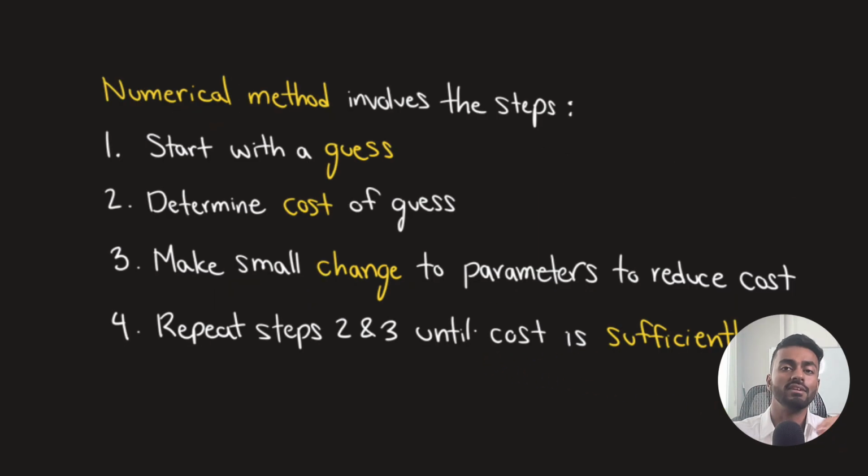The general guideline of a numerical method involves four steps. Start with a guess, determine the cost of the guess, make very small nudges or changes to the parameters to reduce that cost gradually, and repeat steps 2 and 3 until you finally reach a cost that is acceptable.